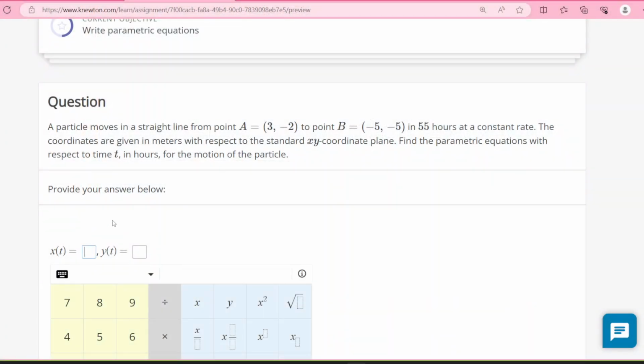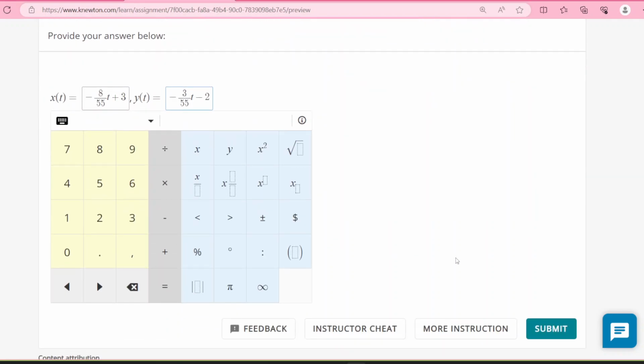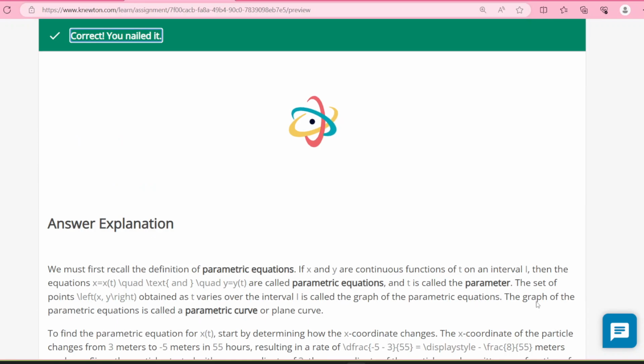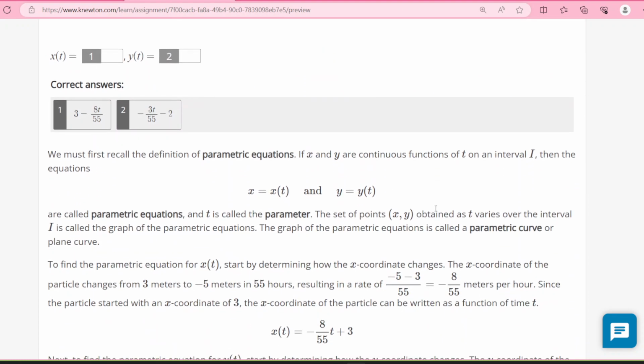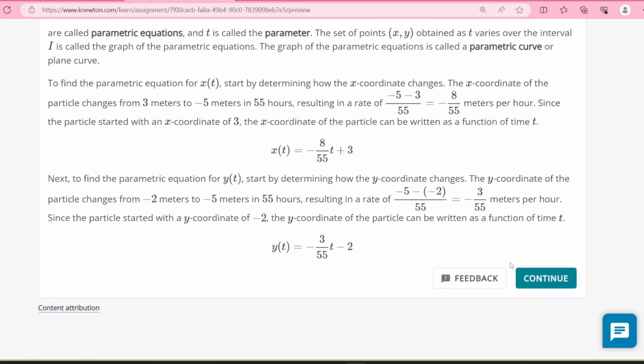So x of t is -8/55 t plus 3, and y of t is -3/55 t minus 2. And those should work out. Alrighty.